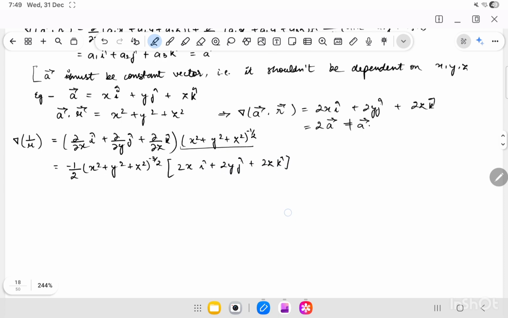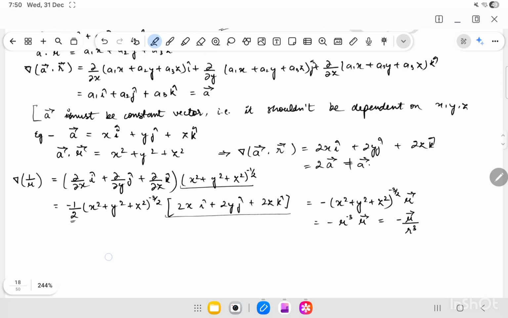It simplifies: we can pull out 2 from all these 3 terms and that will be balanced by this 2, so it will be equal to minus (x square plus y square plus z square) raised to minus 3 by 2 times r vector, which I can write as minus r raised to minus 3 times r vector, which is the same as writing minus r vector divided by r cube.